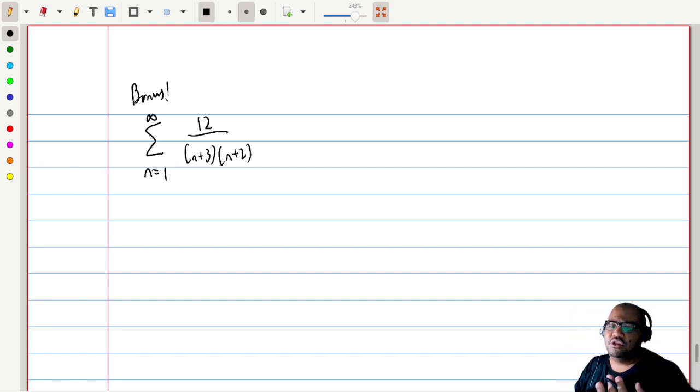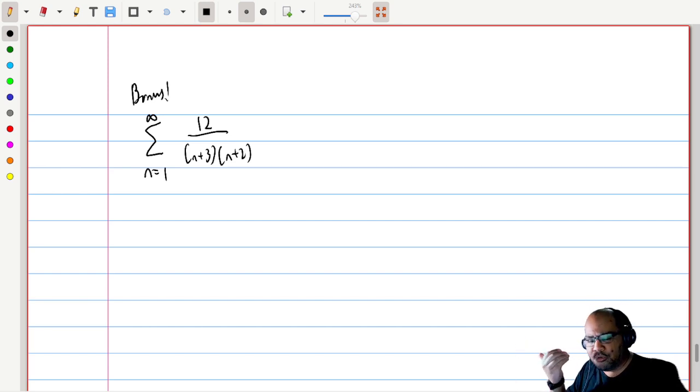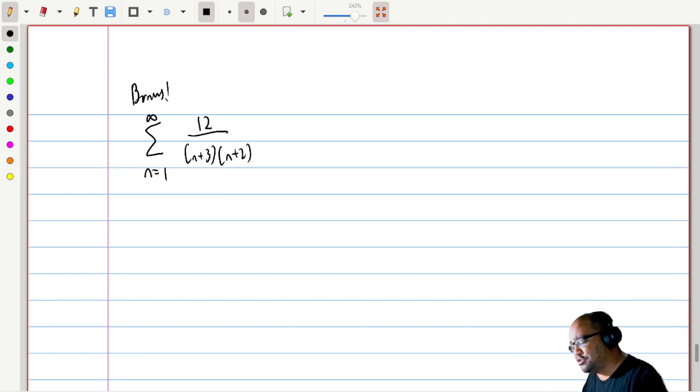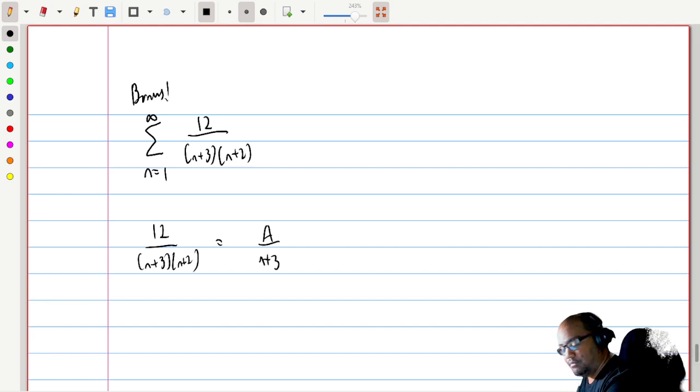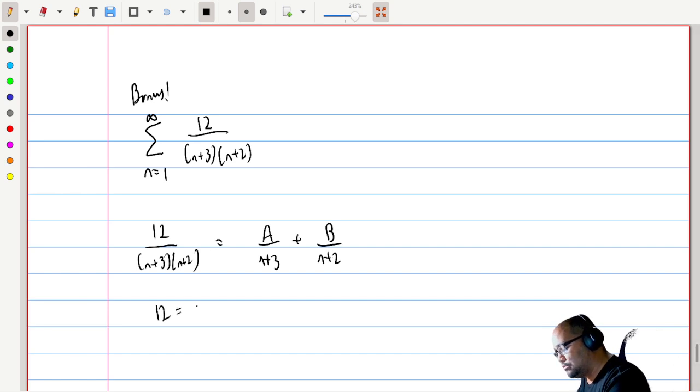This one looks like partial fractions again, so I'm going to decompose this into partial fractions: a number over n plus 3 plus a number over n plus 2, clearing the fractions.